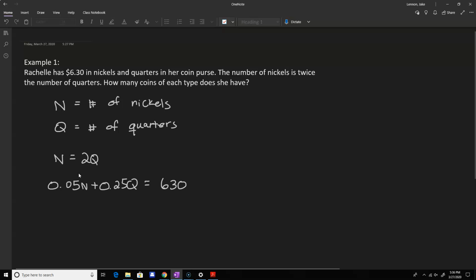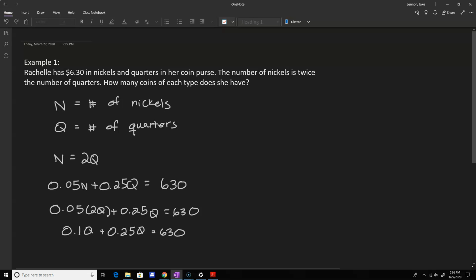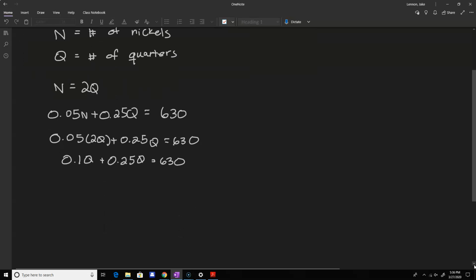Then what we want to do is replace n by 2q, so we get 0.05 times 2q plus 0.25q, and that equals 630. So 0.05 times 2q is 0.1q, so 0.1q plus 0.25q is equal to 630. 0.1q and 0.25q are like terms, so we can add their coefficients.